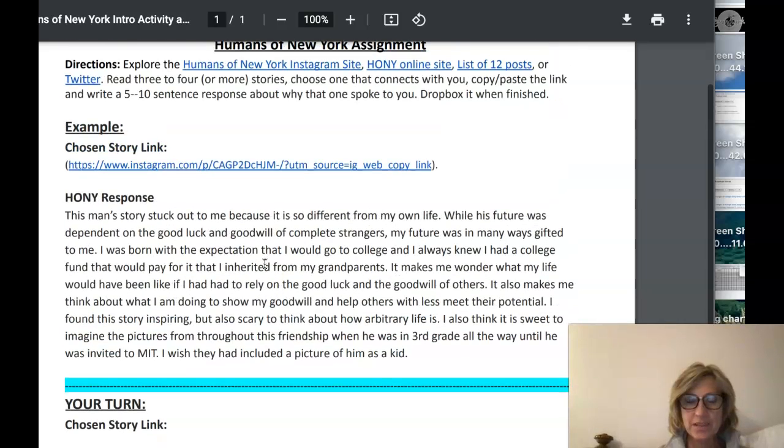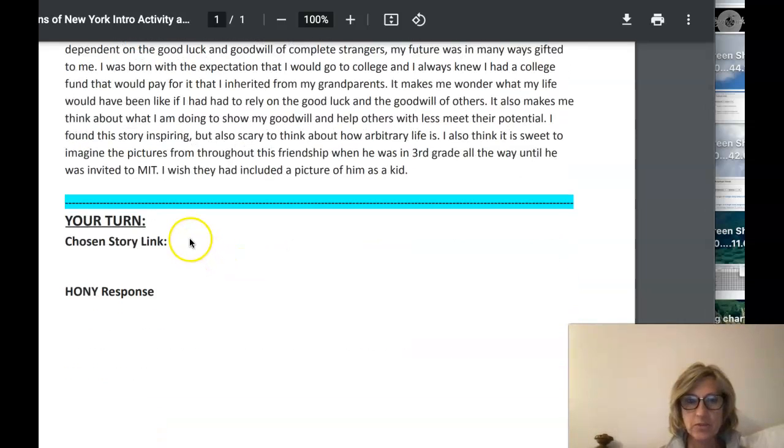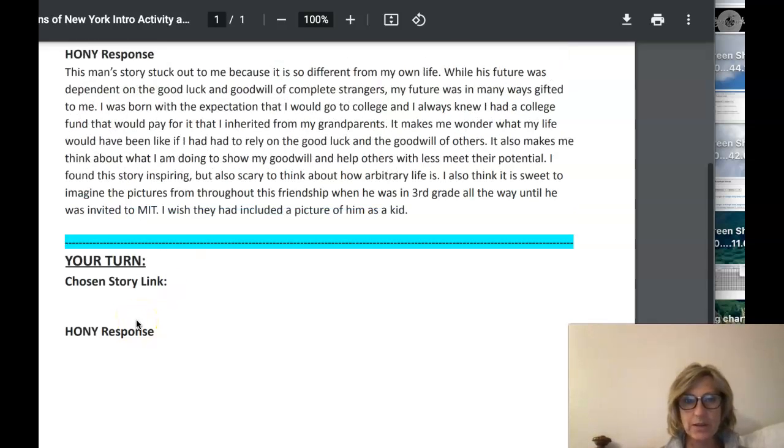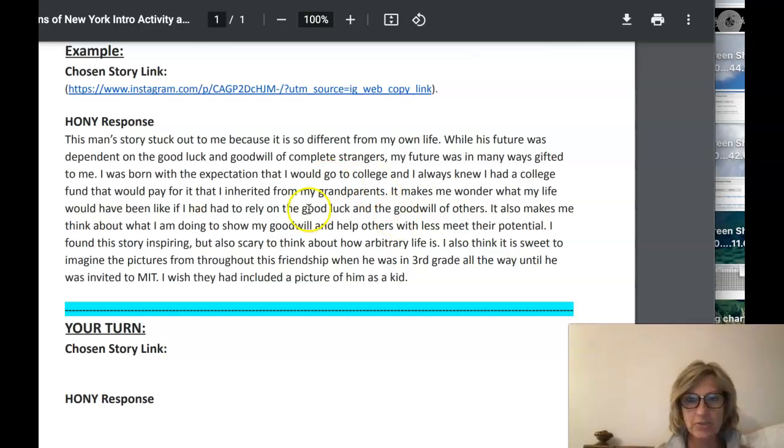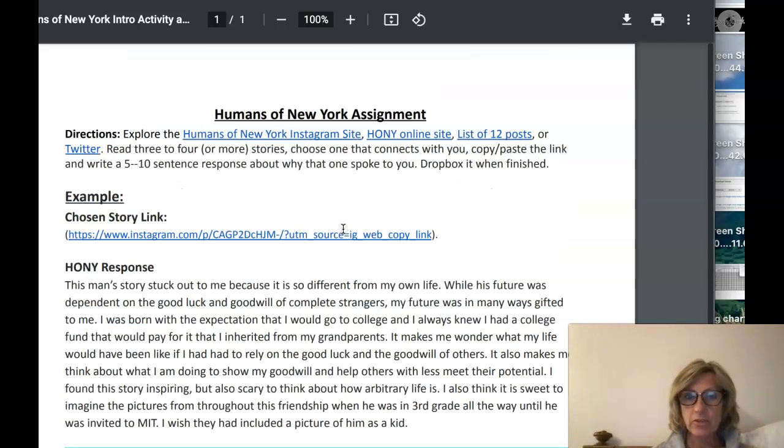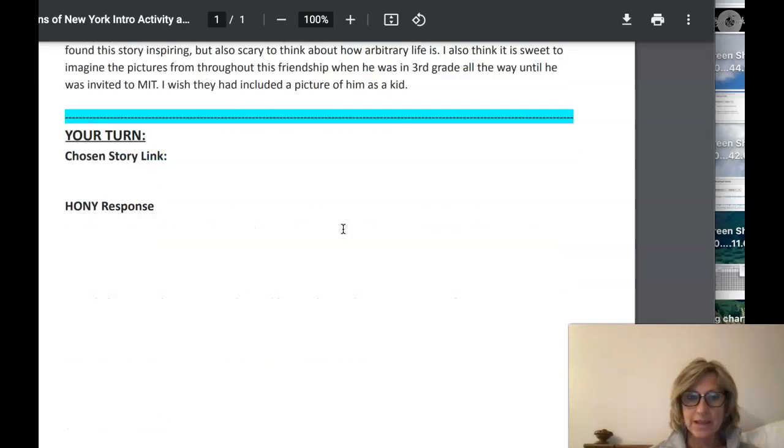So my example is there, and then you just choose which one you chose, what story it is with a link if you have it, and then your response to it. And your response should be a good, 6 to 8 sentences about what you liked about it or what struck you as different or interesting or something that surprised you or that you learned. And then you Dropbox that.